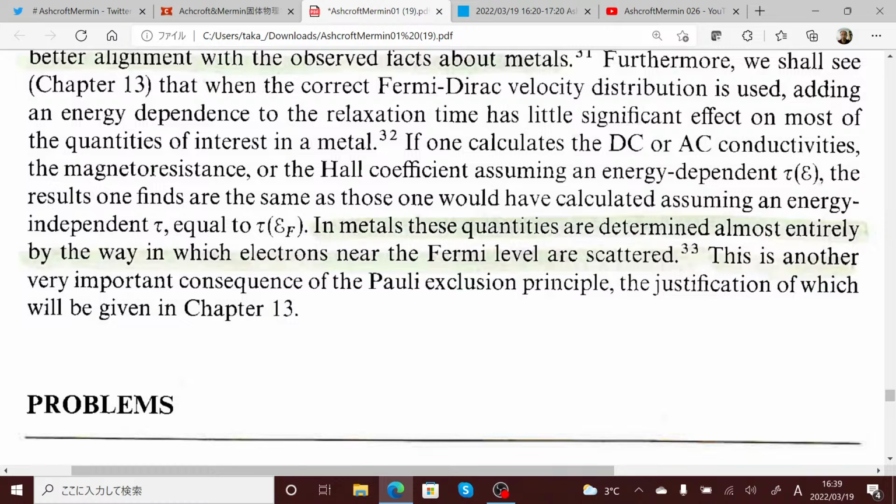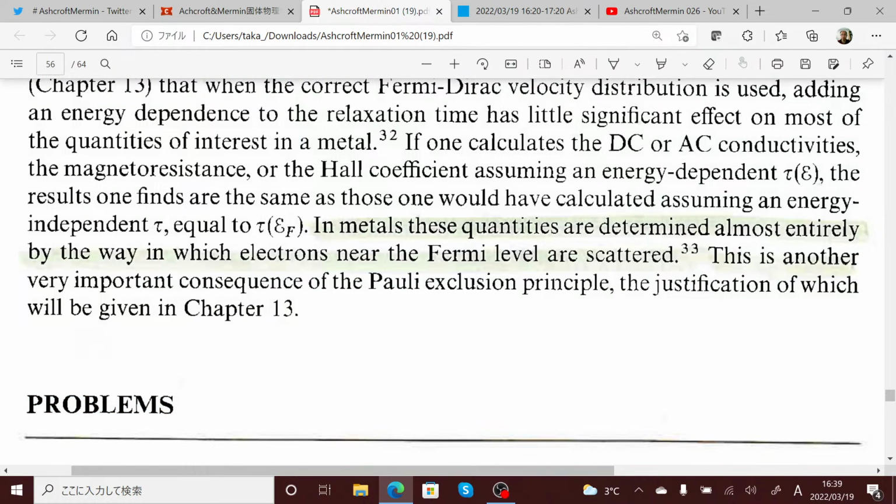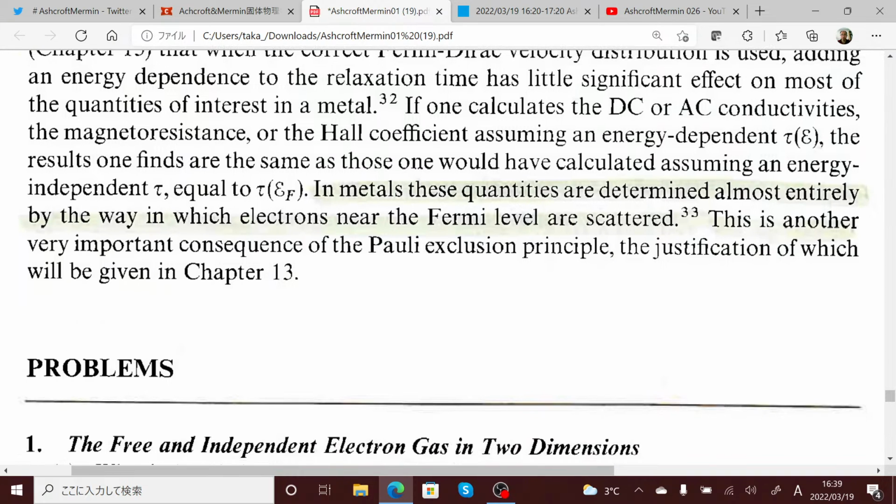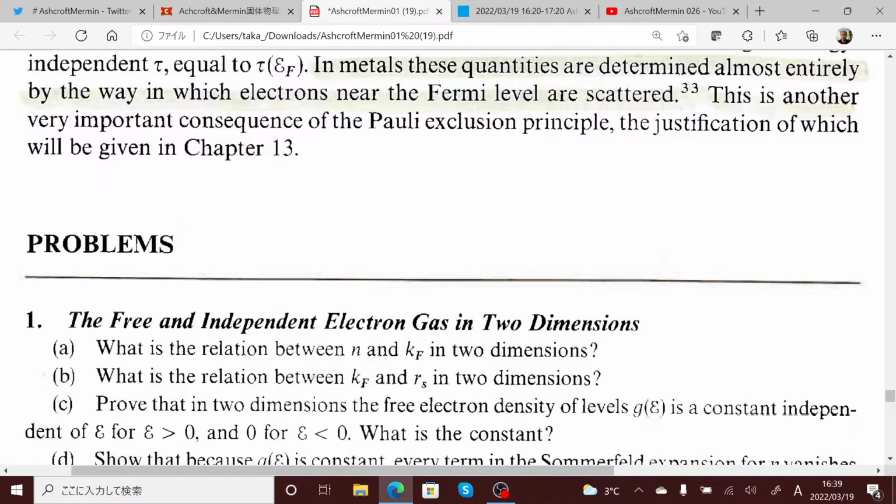This is another very important consequence of the Pauli exclusion principle, the justification of which will be given in Chapter 13.